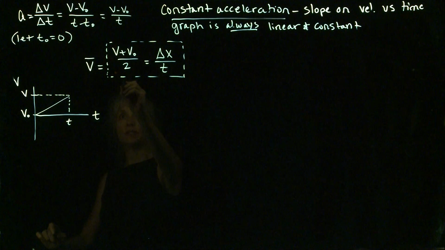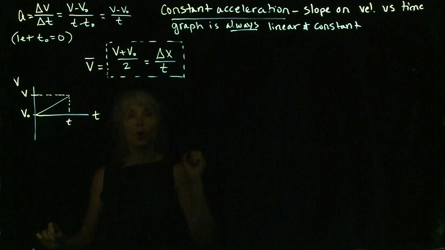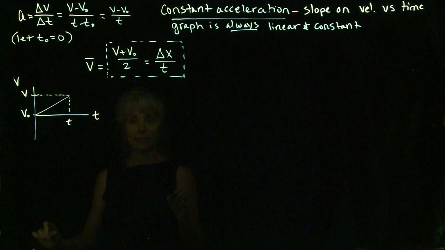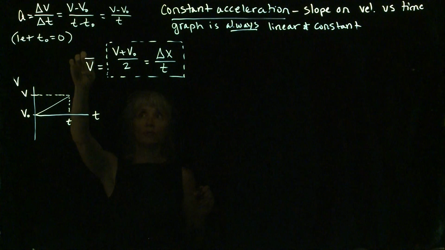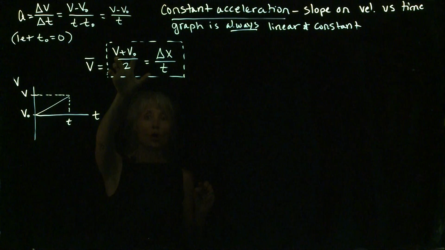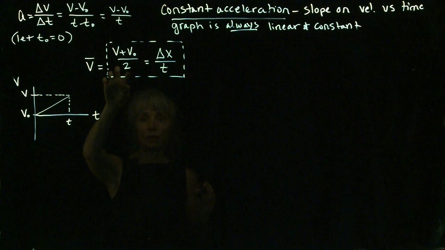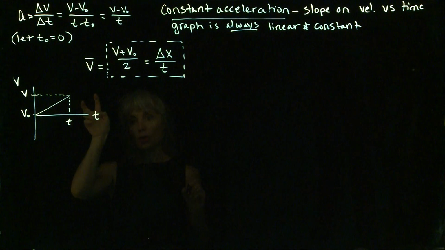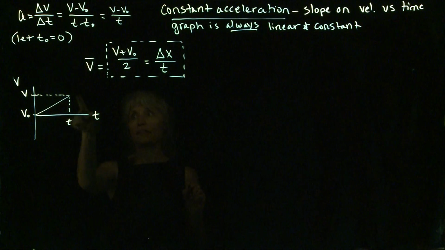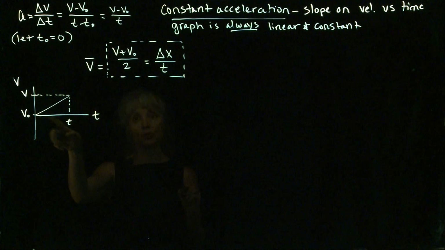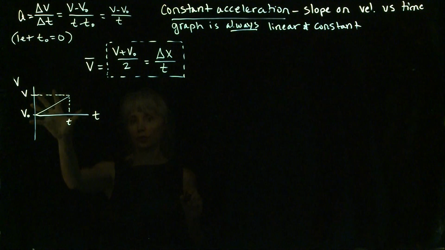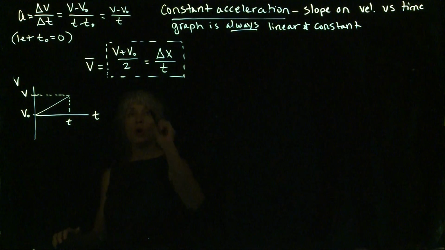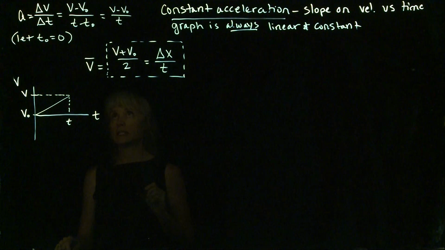And notice that this equation right here is only valid for the case of constant acceleration, because the only time you can say that the average velocity is the endpoints of the velocity divided by 2 is if the velocity versus time graph is just a straight line, which means that the acceleration or the slope is constant. So only true for the case of constant acceleration.